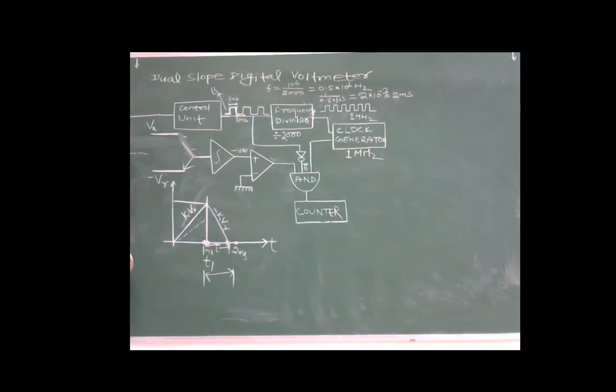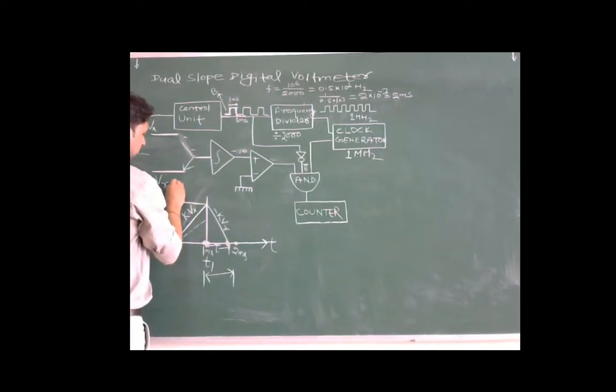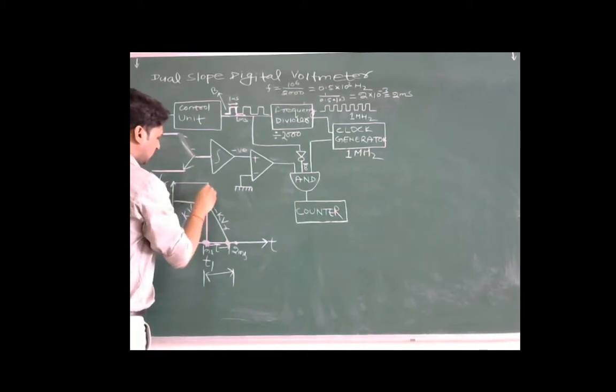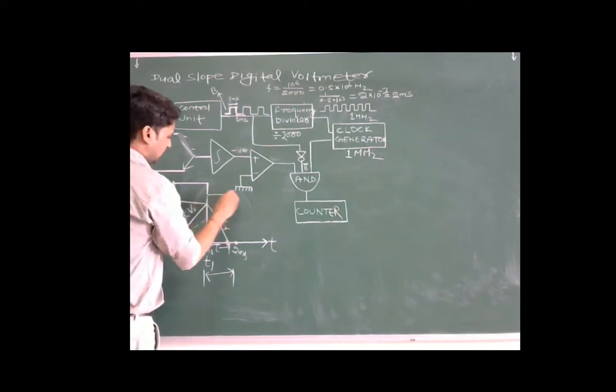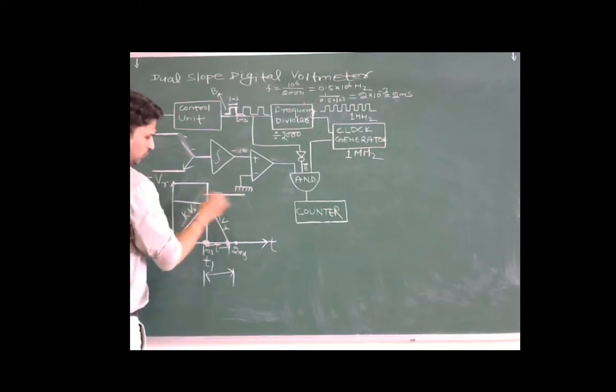See again what is going on here. This clock pulse remains on for one time period. Half of the time period it will remain on for 1 millisecond, and for the other millisecond it will go low.